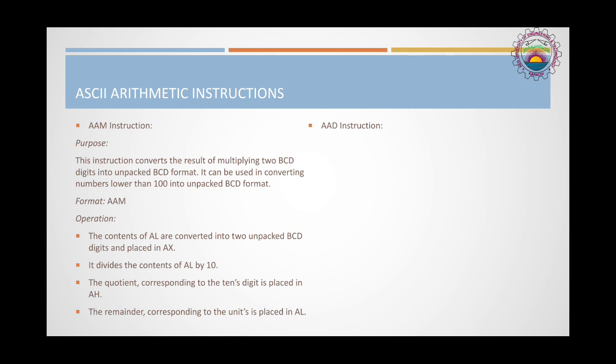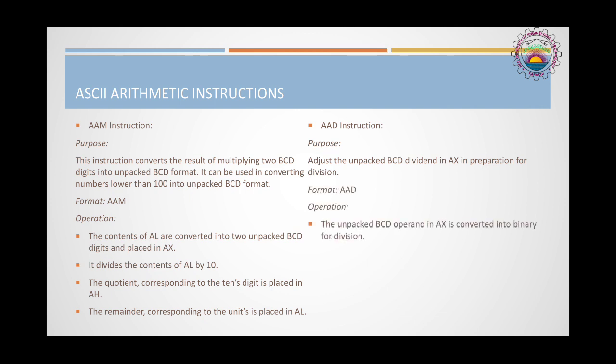The next instruction is the AAD instruction, ASCII adjustment for division. The purpose of this instruction is to convert the unpacked BCD form number present in AX into hexadecimal form, and that is used to convert the dividend within AX into hexadecimal form before division. So what will be the steps?